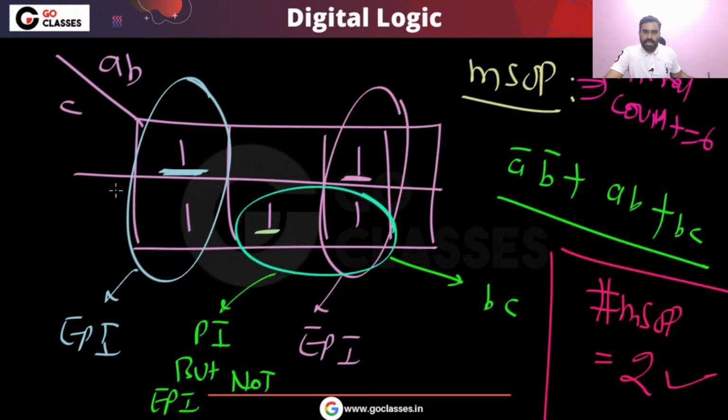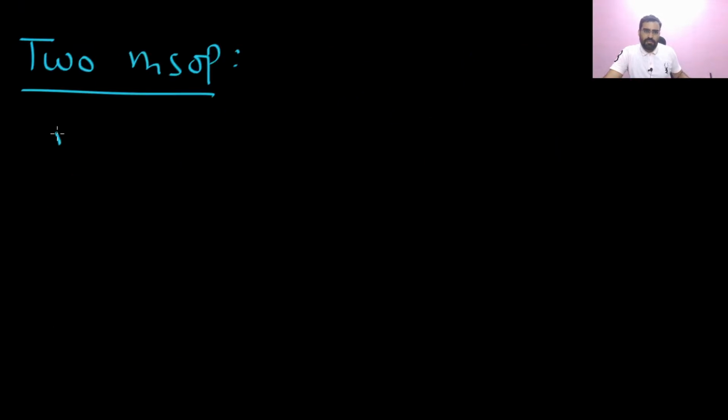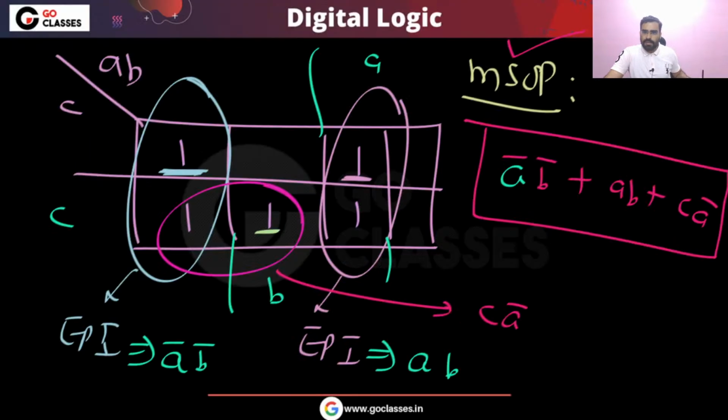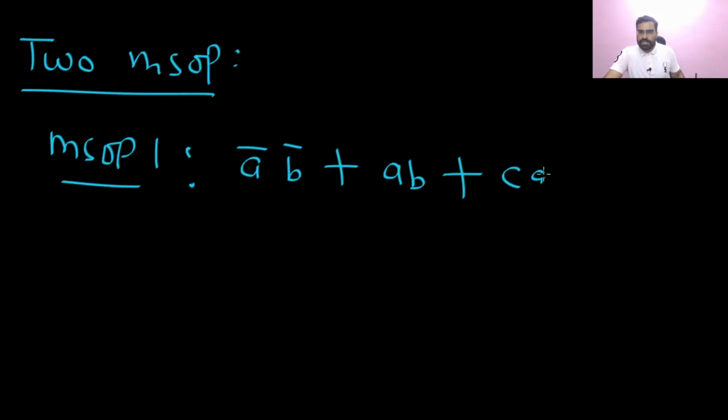One minimum SOP, minimum SOP 1, is A bar B bar, or AB, or C A bar.